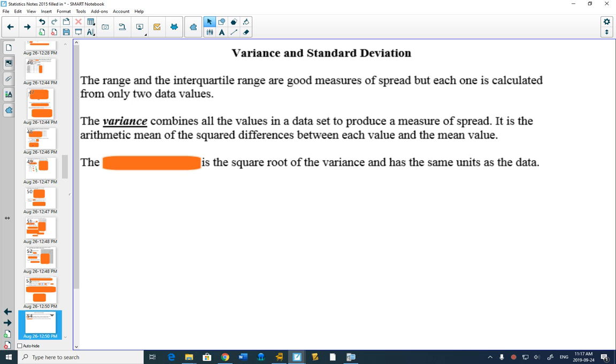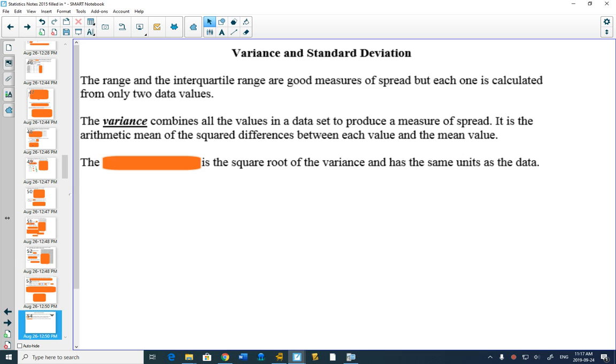So reading that sentence, if I gave you 5 numbers, could you find the variance? Or is that a pretty heavy sentence mathematically? Okay, so we're going to look at what that means, because if you read it again, it's the arithmetic mean, that's your average, of the squared differences between each value and the mean value.